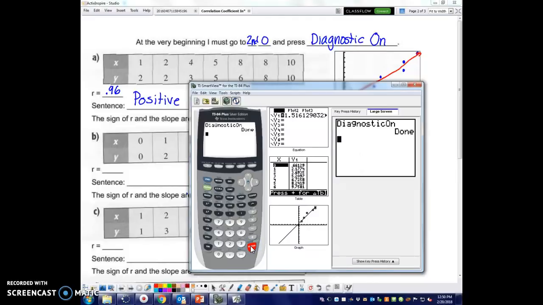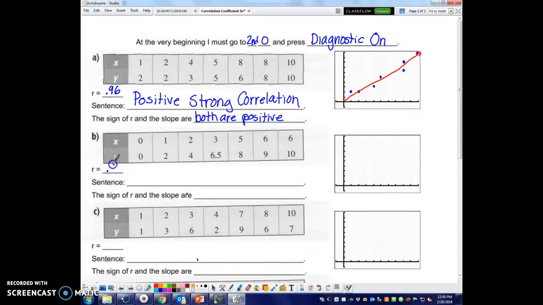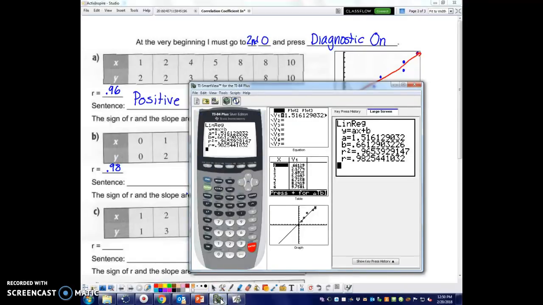Okay, so now you can hit second enter again. That brings up your last problems. So now we have that. Hit enter. Aha, there's R. So R is 0.98. Right? R is 0.98. So we needed to record the value of R.